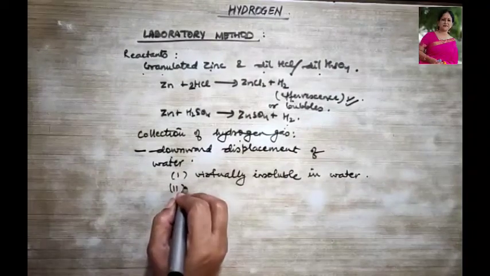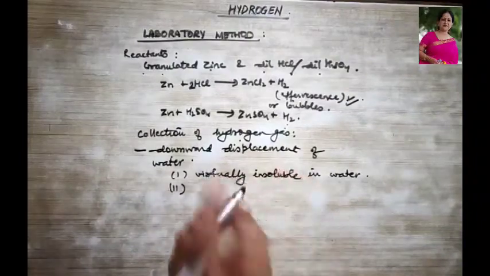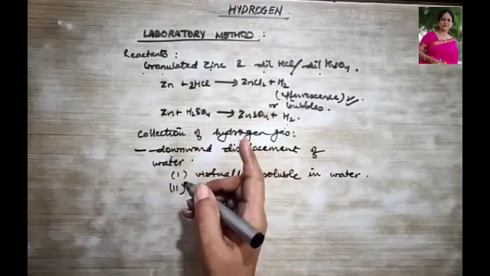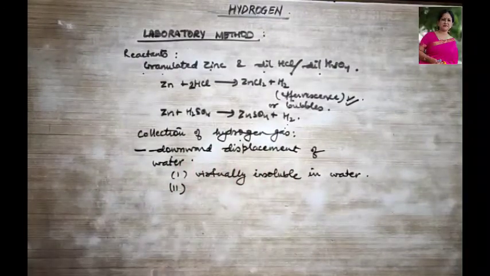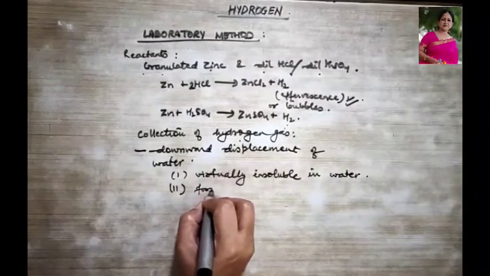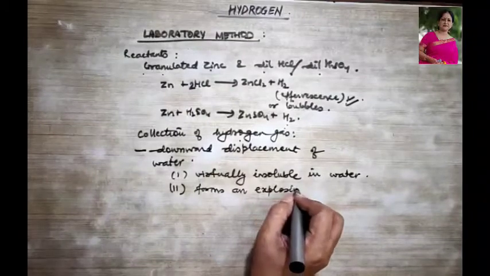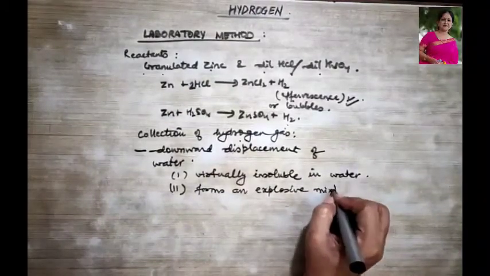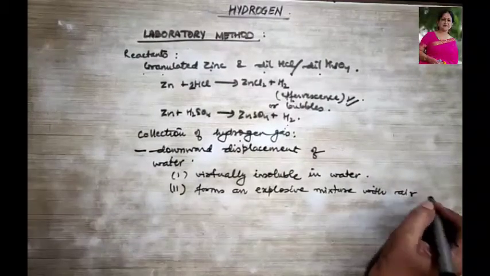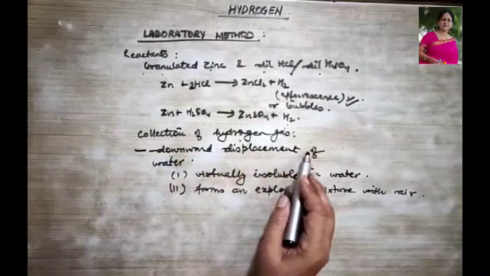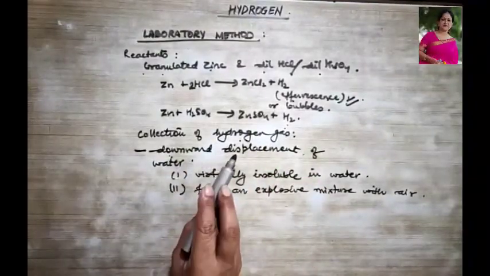And the second point is that it forms an explosive mixture with the air, and therefore it cannot be collected by the downward displacement of air, even though it is lighter than the air. So due to these two reasons, we collect hydrogen gas by the downward displacement of water.